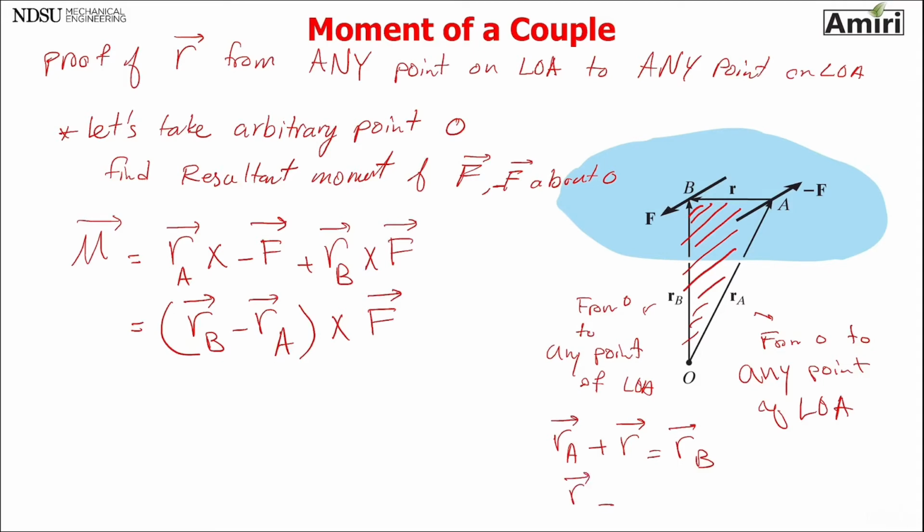Then R equals R B minus R A. This is exactly what I have here. So R cross F. And again, remember, these position vectors were to any point on the line of action. So for any point that you take on the line of action, this equation is valid and you can use it.